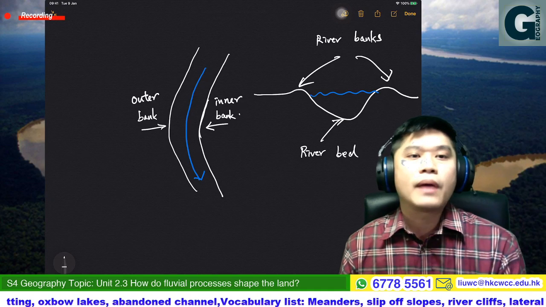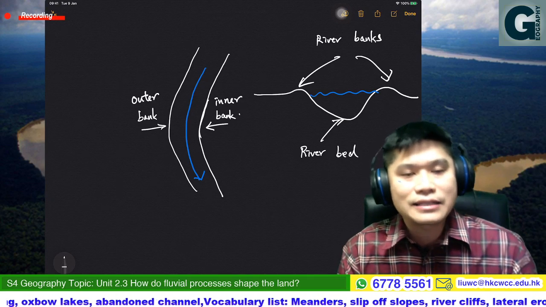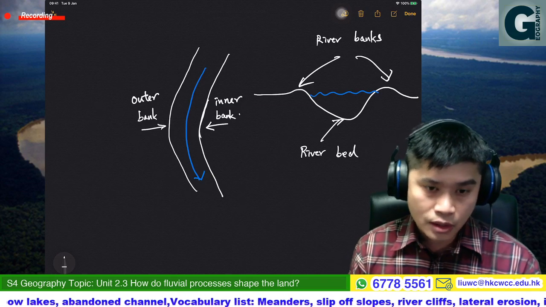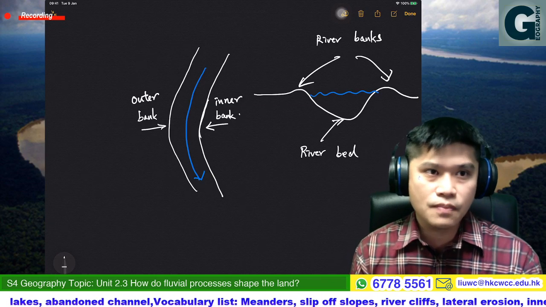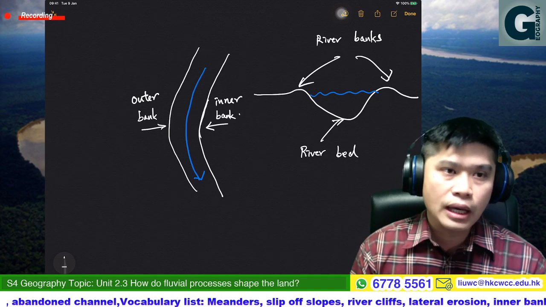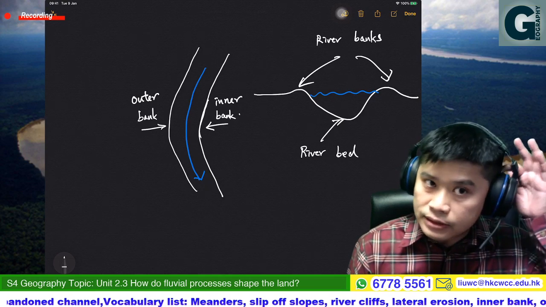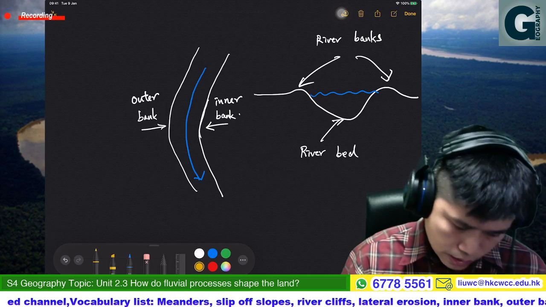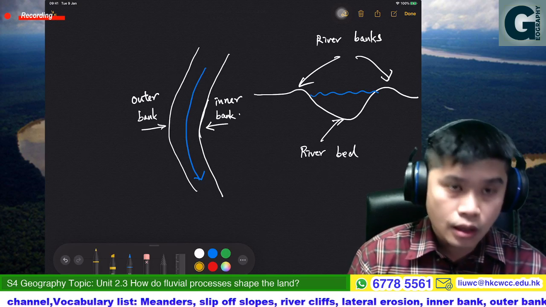You may understand it as 內灣, 外灣. So what should be the implication of the characteristic of the river flow in the inner bank and outer bank?